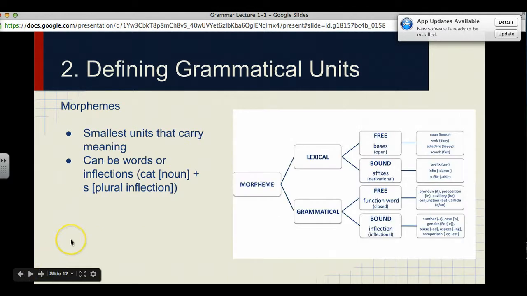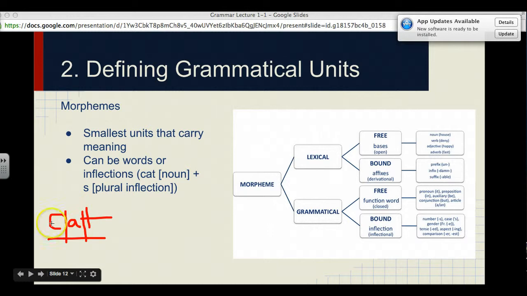Next, let's take a look at morphemes. Morphemes are the smallest units that carry meaning. The example I always like to use is cat. Cat in and of itself is a morpheme. There are three different phonemes here, k, a, and t, joined together to make one morpheme.